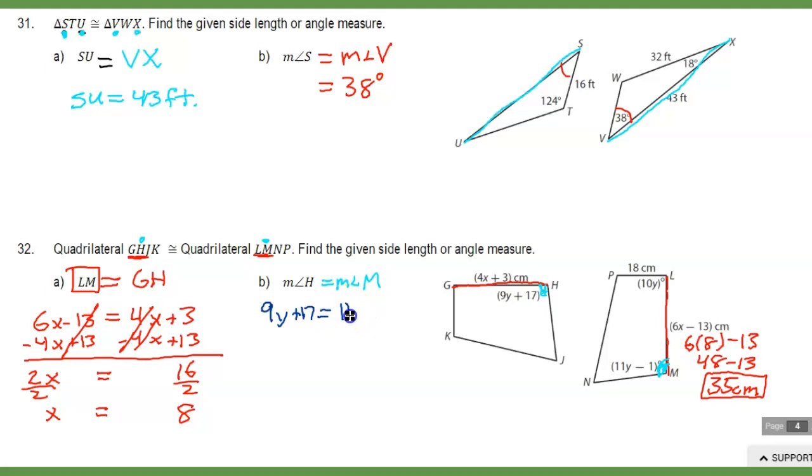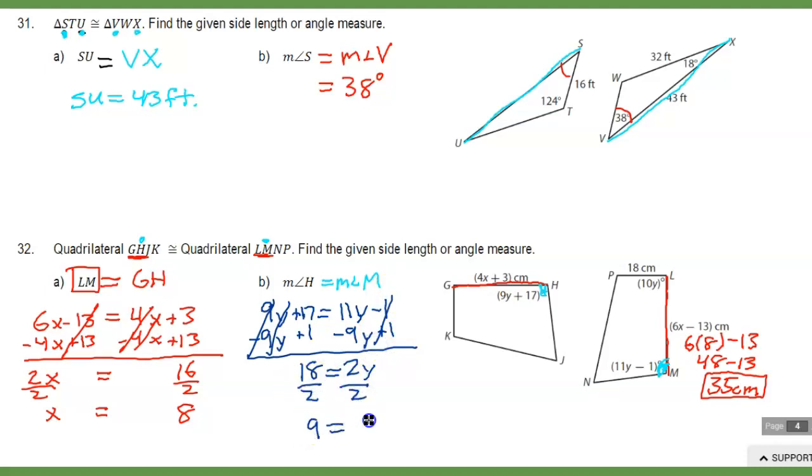M equals 11y minus 1. We can solve this. I'm going to subtract 9y on both sides. And I'm going to add 1 on both sides. So we get 18 is equal to 2y. And we solve that, we'll get 9 is equal to y.